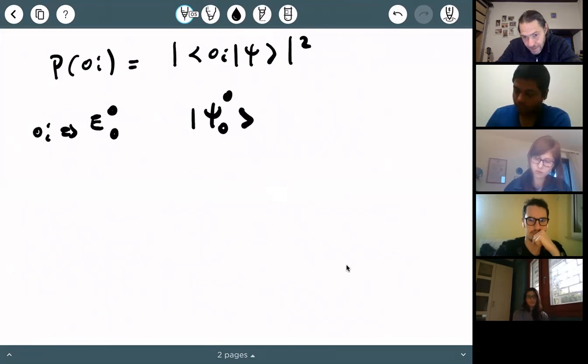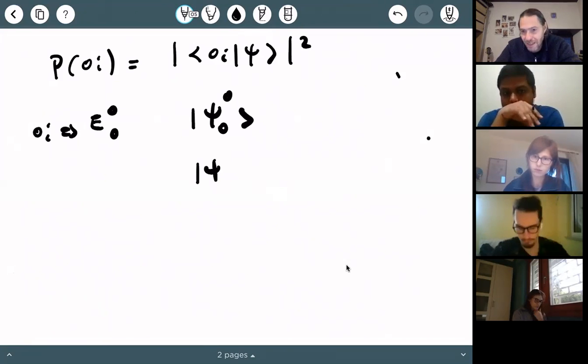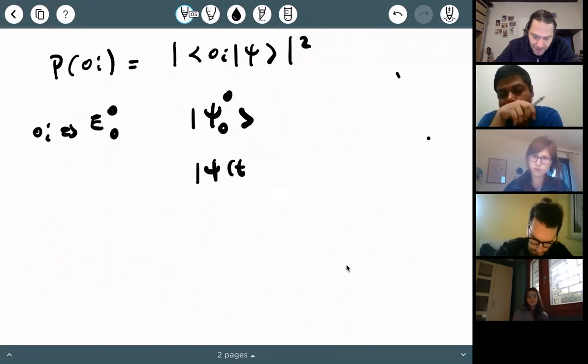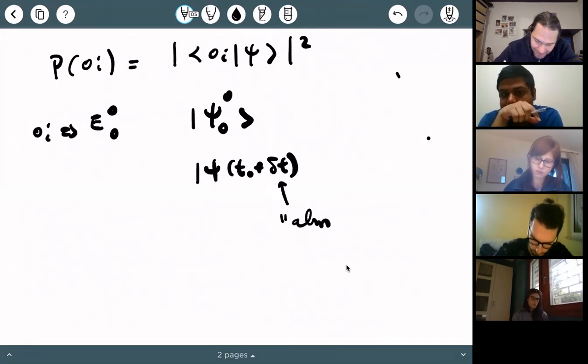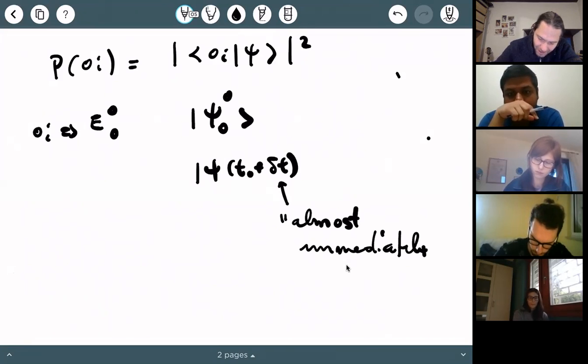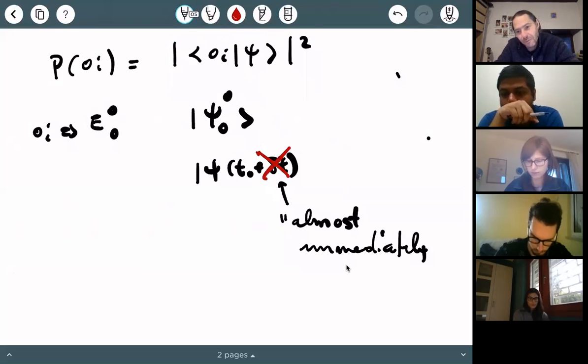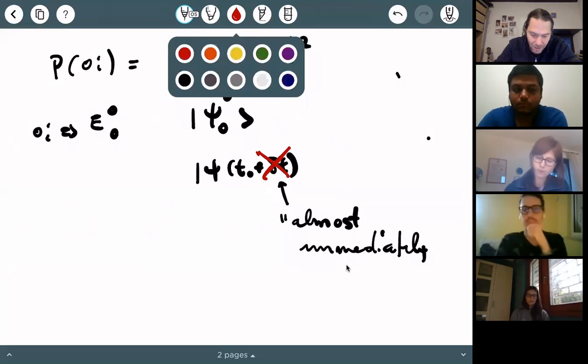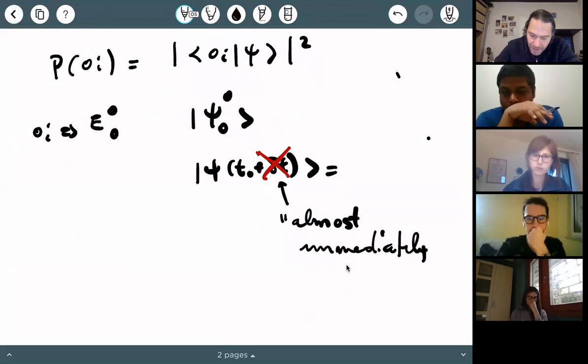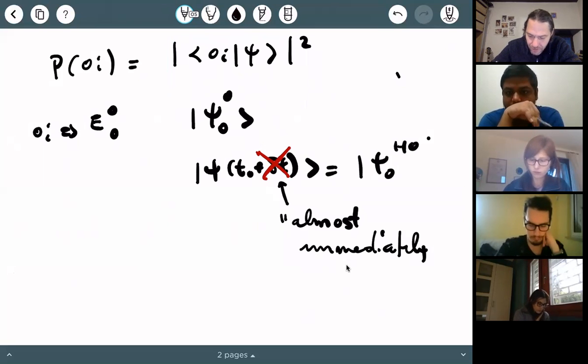At the same time, the state at the time where I'm making a measurement, at time t naught plus delta t, which is almost immediately. So let me remove this and not worry about it for a moment. The state at time t naught when I'm making the measurement is the ground state of the harmonic oscillator Hamiltonian.